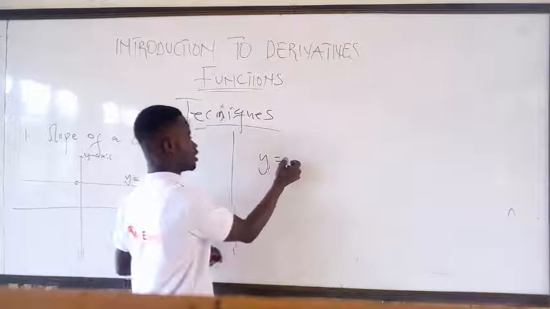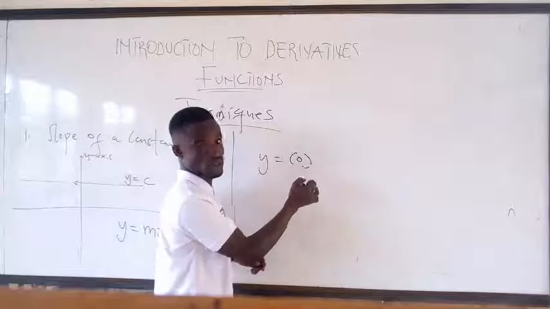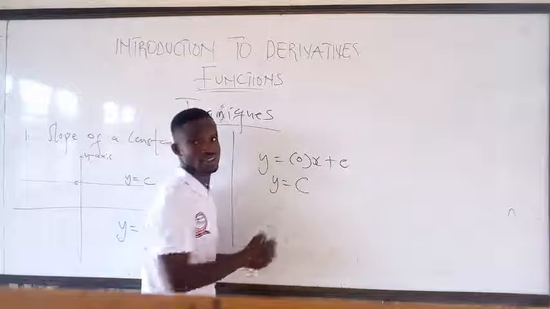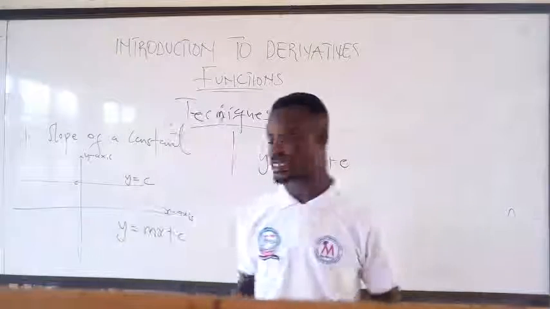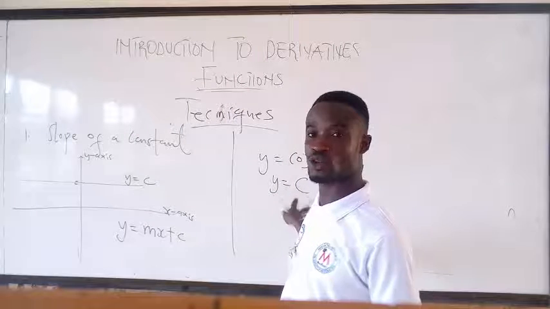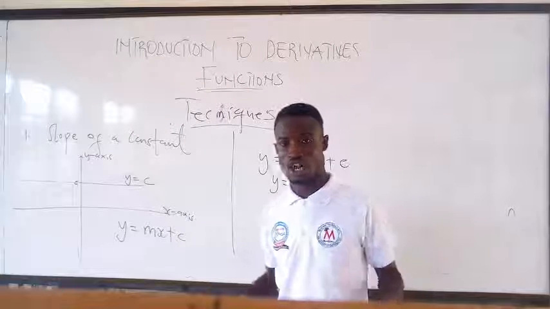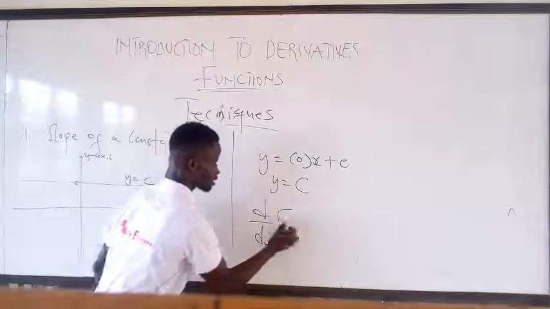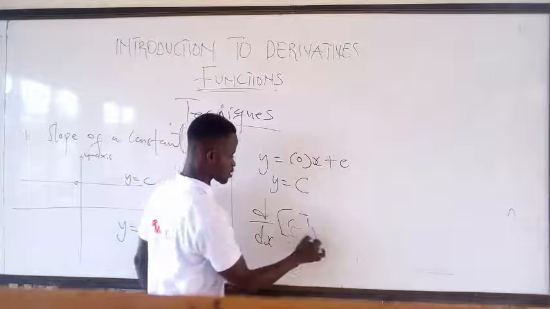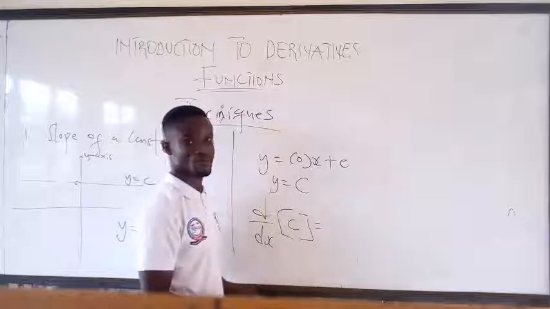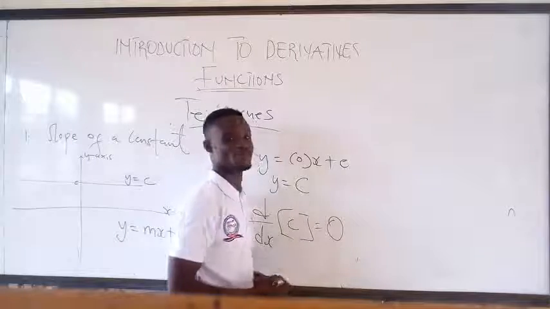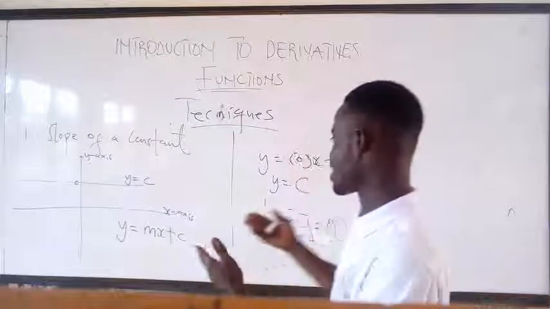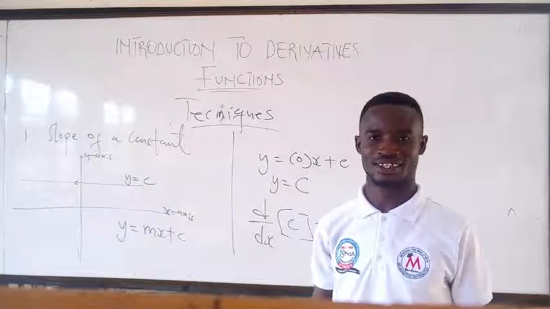Because if the m there is 0, you are going to have y is equal to c. So that means that we are going to get y to be equal to c. So in general, anytime you are to take the derivative of any constant, which is c, it is equal to 0. And it's explained from the general formula of a straight line.